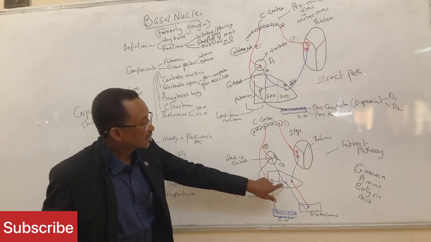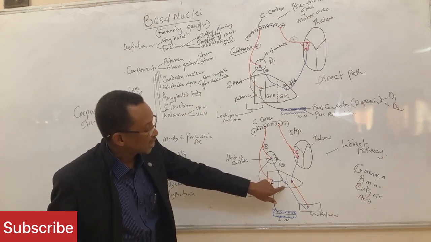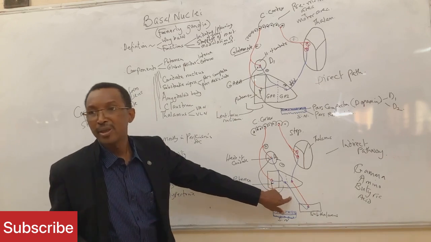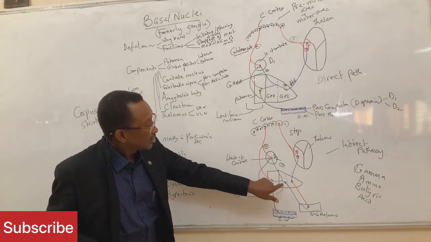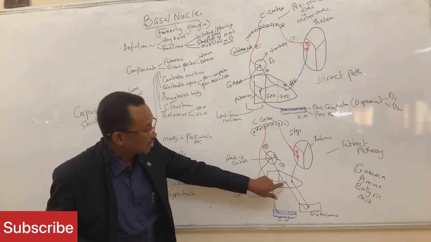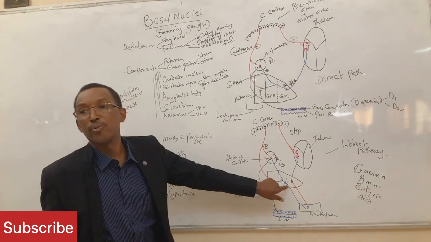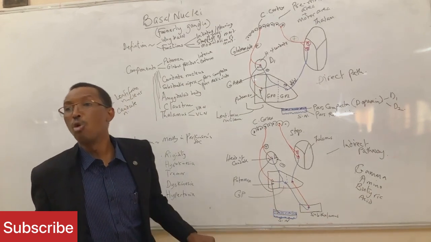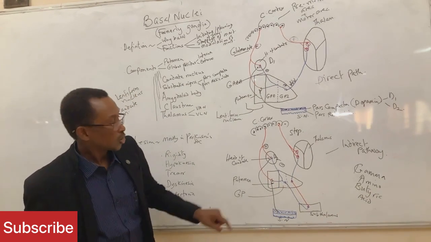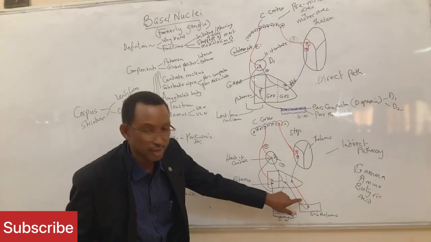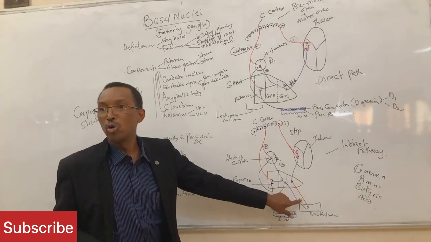And since the GABA is produced here, it's going to inhibit this GABAergic third order neuron from producing more GABA. Are you clear? So since there is less GABA here, what happens to this one? It's now going to fire up.